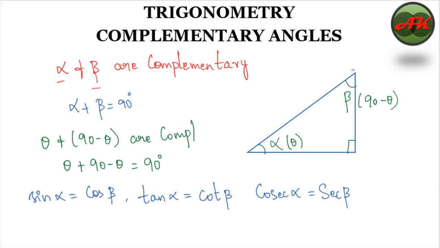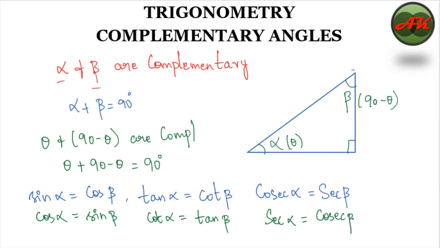In the same way, I can interchange and write cos alpha is complementary to sin beta. Cot alpha is complementary to tan beta. Secant alpha is complementary to cosecant beta. So this is a concept called complementary angles.